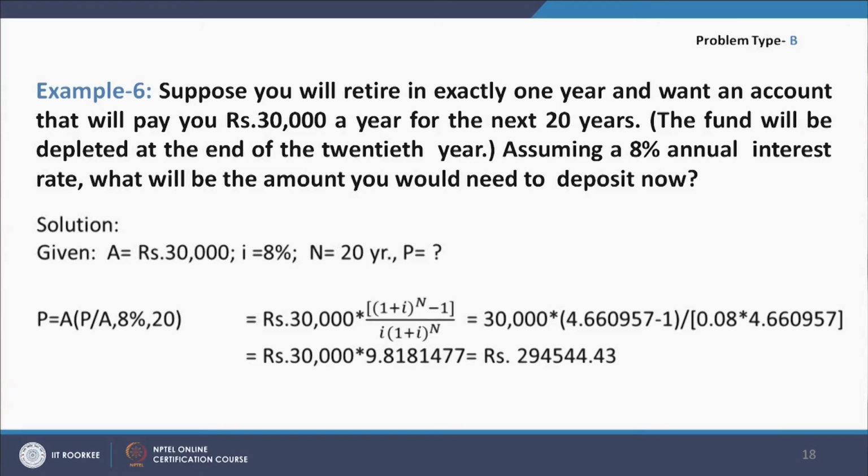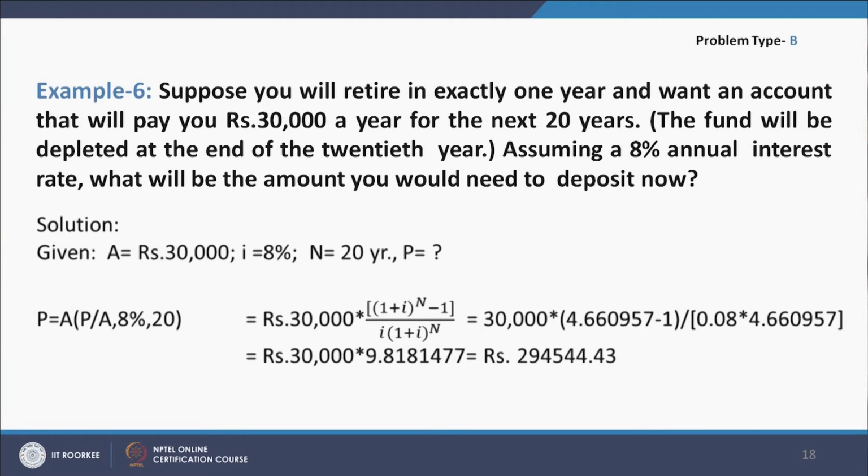When you say what amount you want to deposit now, that means I want the present value or the principal value. So, if we analyze this problem, we find that A is given, that is annuity, which is rupees 30,000. The interest rate is given, I is equal to 8%.